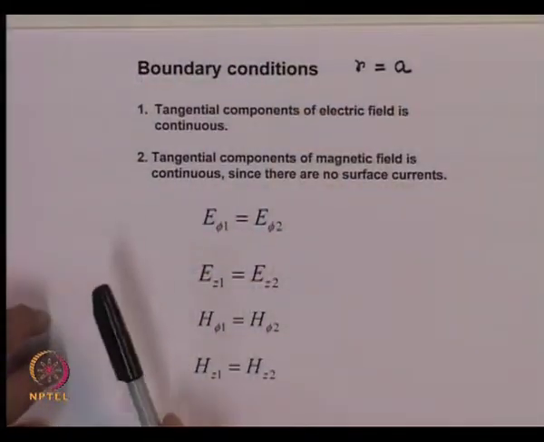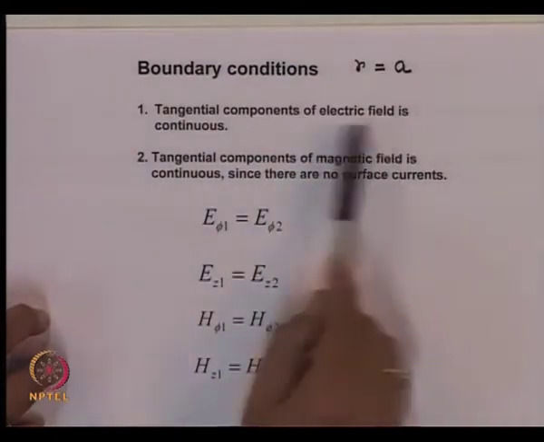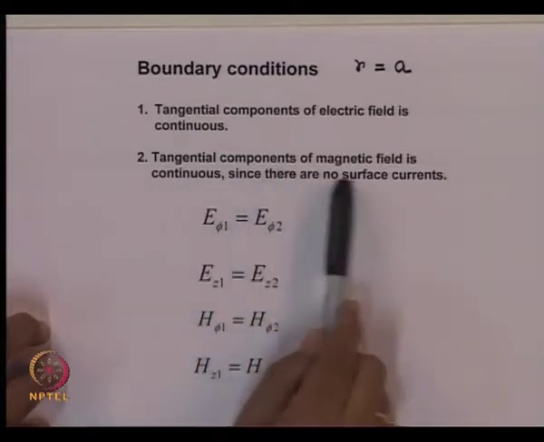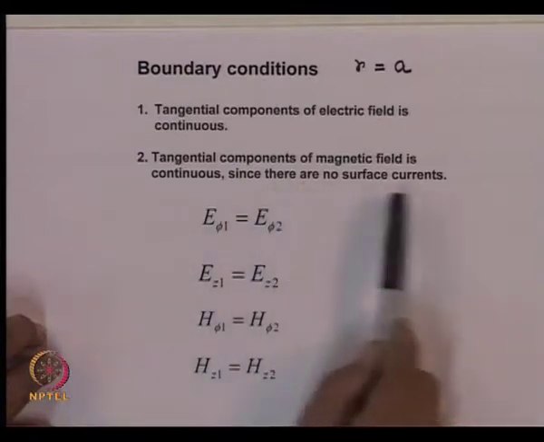However, in this case, since we are talking about purely dielectric media, there are no surface currents, as the conductivity for the cladding and the core is 0. In that situation, not only is the electric field tangential component continuous across the boundary, but even the tangential component of magnetic field is continuous, because the surface currents are 0. So we essentially apply 2 boundary conditions here: tangential component of electric field is continuous at the core cladding interface, and tangential component of magnetic field is continuous since there are no surface currents.